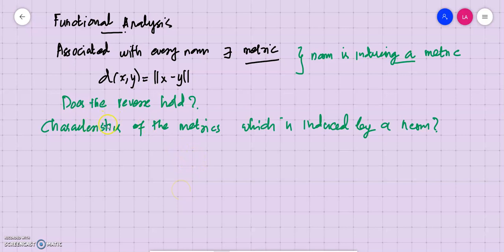So our question is, is every metric induced by a norm? To get a better hold of that question, we will try to understand whether there are characteristics for the metric spaces which are induced by a particular norm. The main characteristic is stated as a theorem, known as translation invariance.